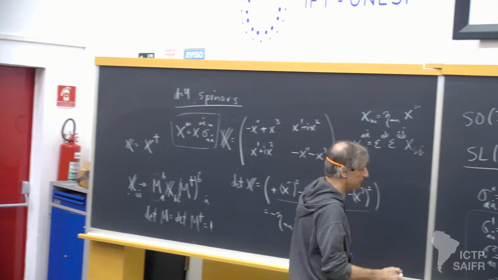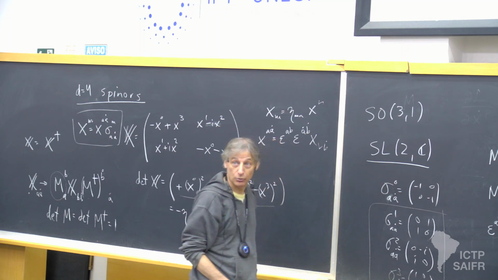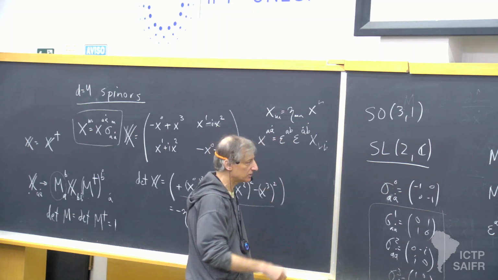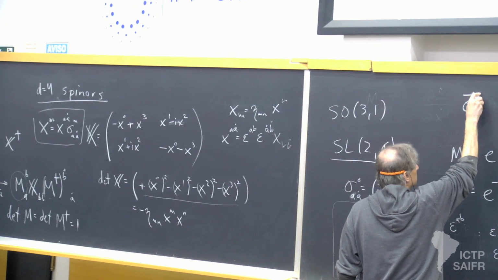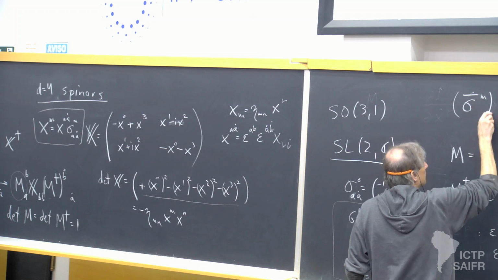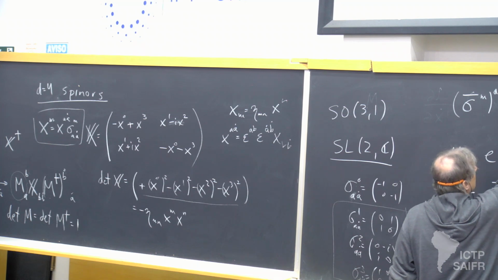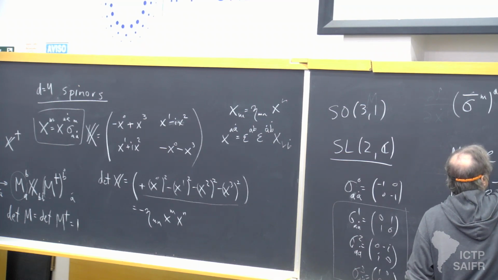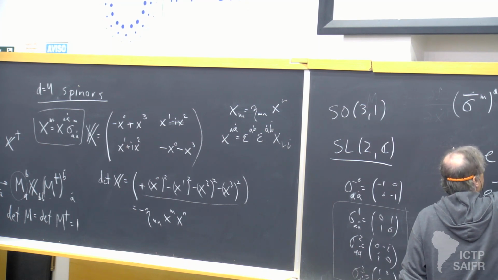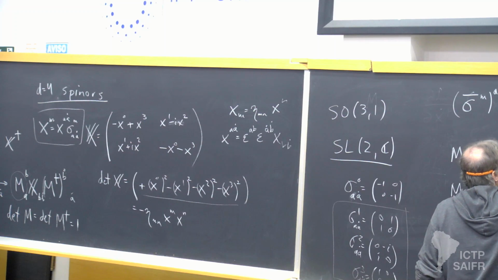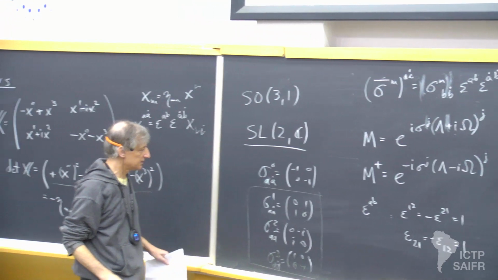Now it's also convenient to define these matrices with upper indices instead of lower indices. So again, you can use epsilon to raise and lower them. Normally people call this sigma bar, for a reason that's not clear to me, but sigma bar^{m aa dot} is equal to sigma_m^{bb dot} epsilon^{ab} epsilon^{a dot b dot}. And you can compute it, of course, using these definitions here.